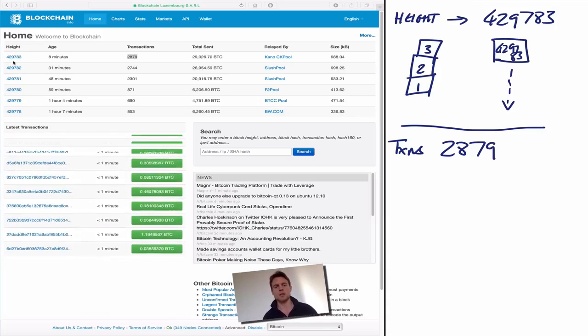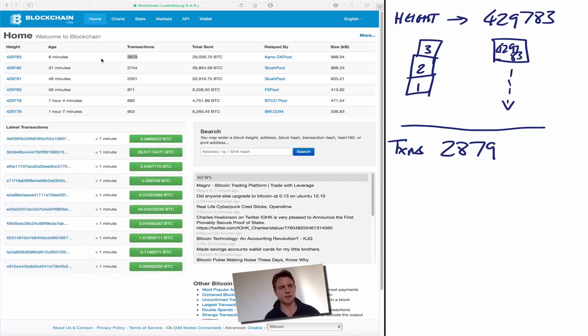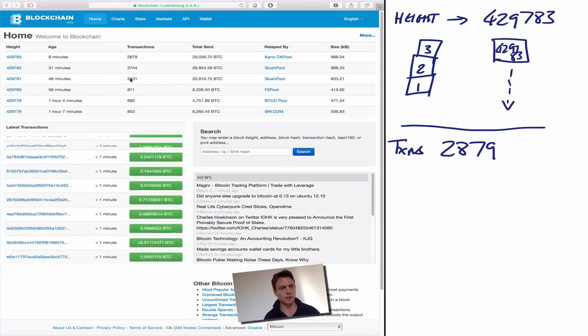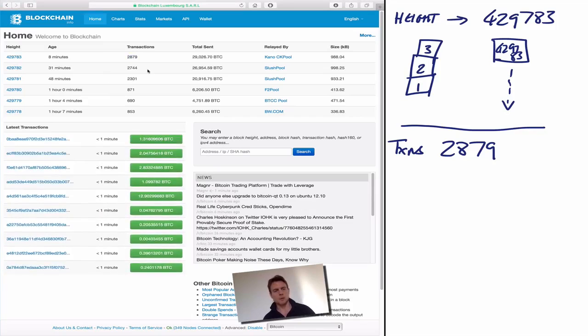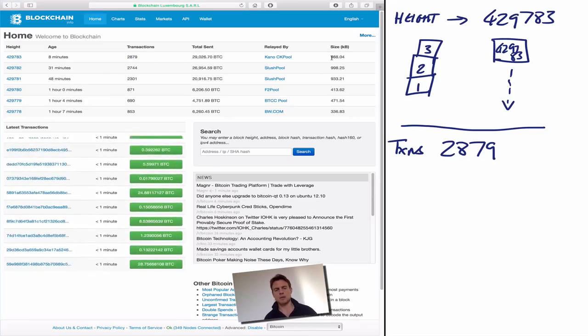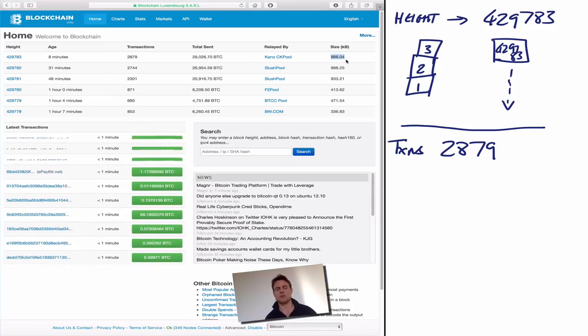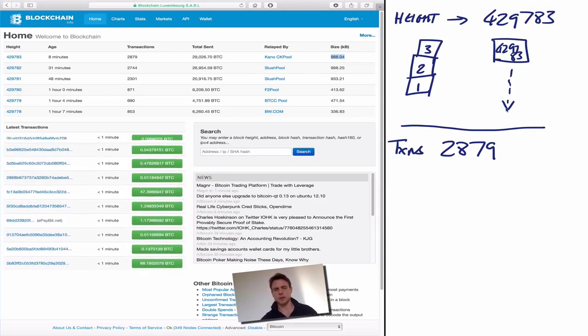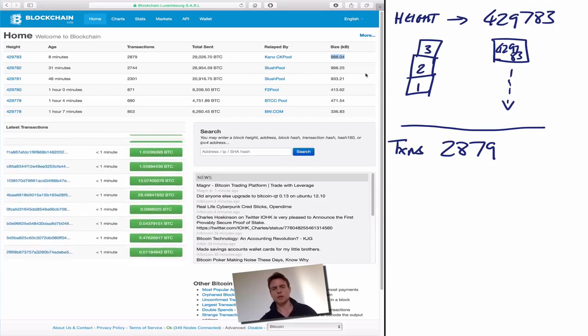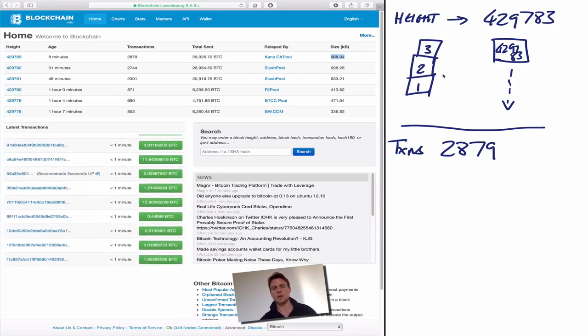I know I keep saying this, but we will. So that's the main metadata. You can also see the file footprint of the block here, roughly just less than a megabyte in size.